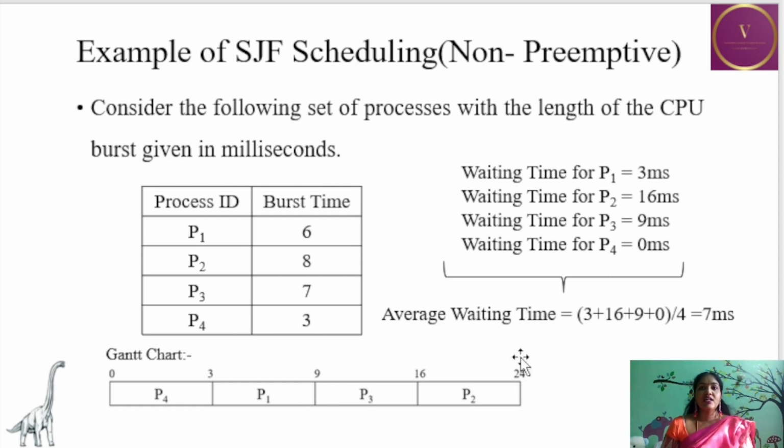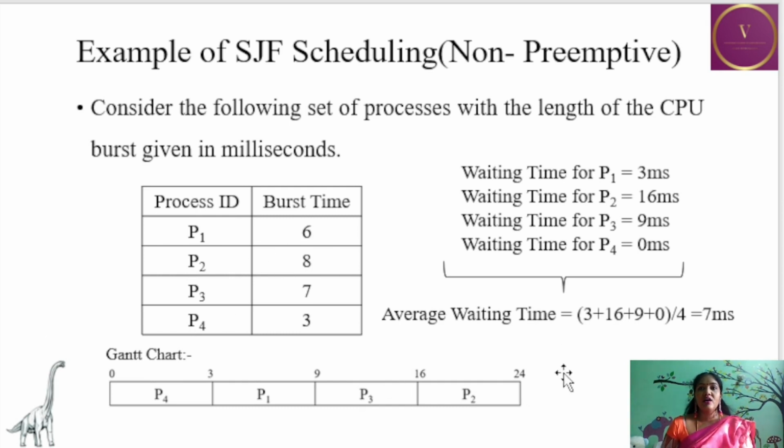The next shortest job after P1 and P4 would be the process P3. P3 will be using the CPU for 7 milliseconds, and the total utilization of the CPU now is 16 milliseconds. So after the 16th millisecond, process P3 will get completed, and finally process P2, which has the time requirement of 8 milliseconds, will be given the CPU.